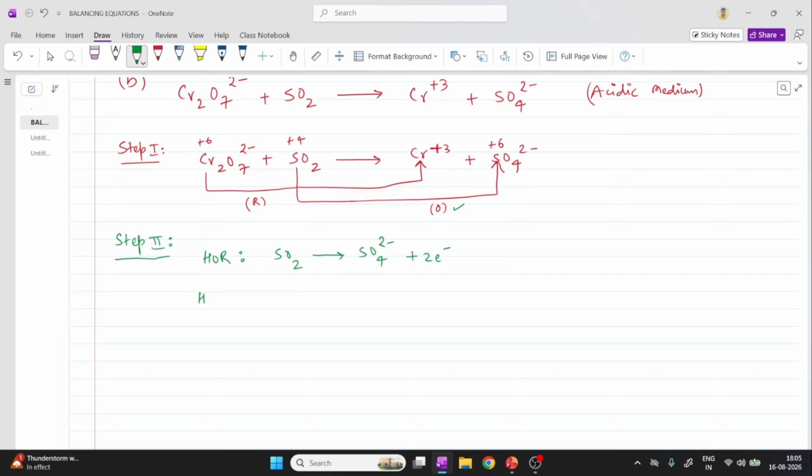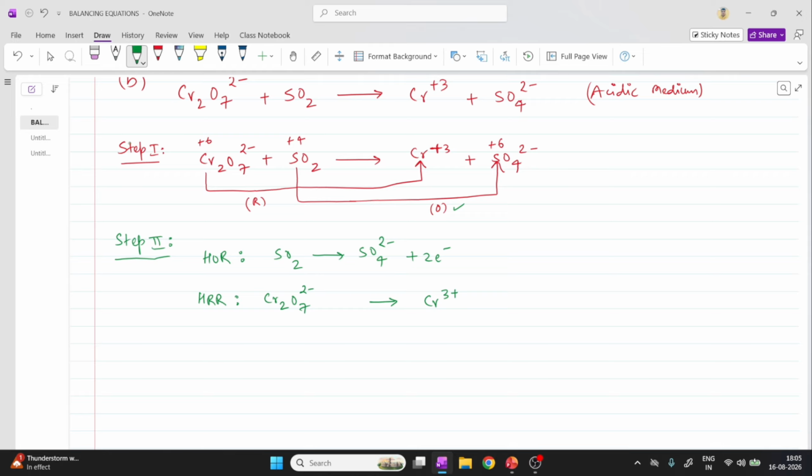Now the half reduction reaction. In reduction, I have Cr2O7 2-, and it is changing to Cr3+.